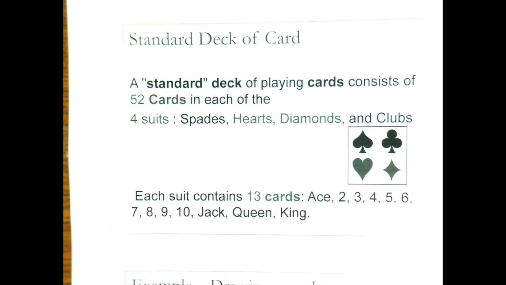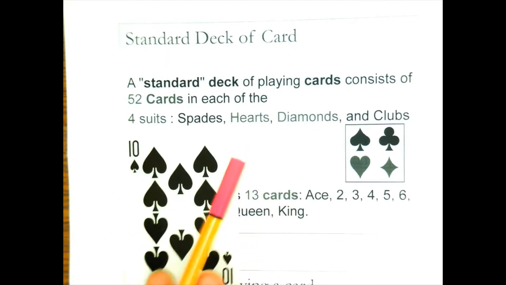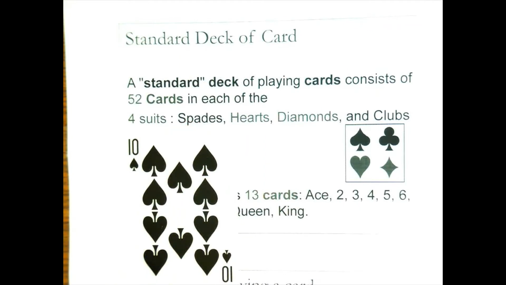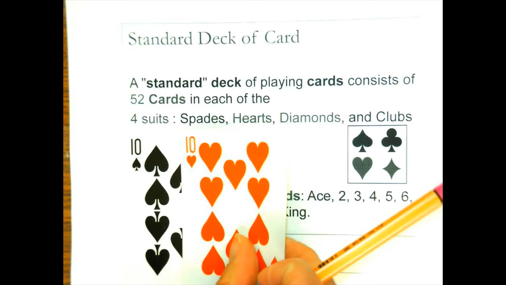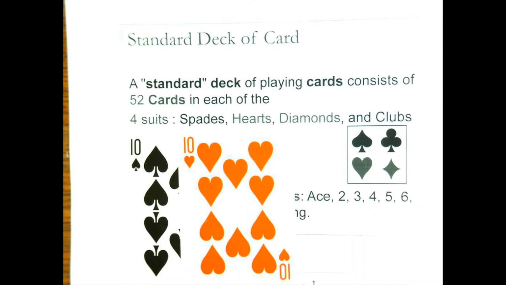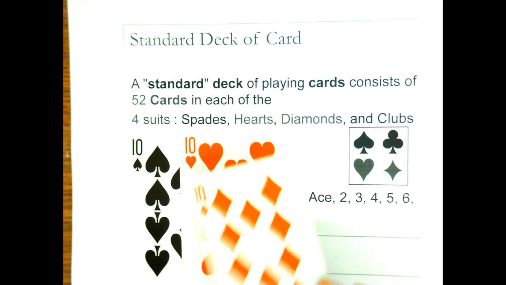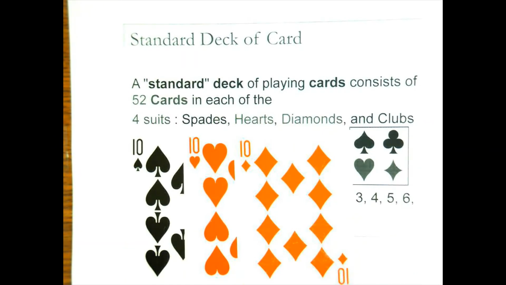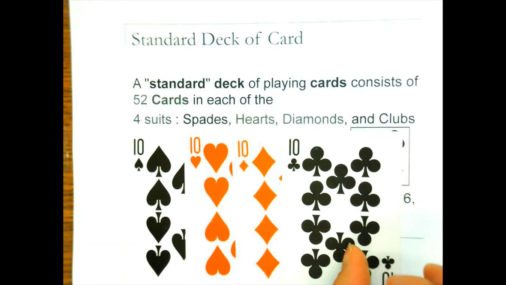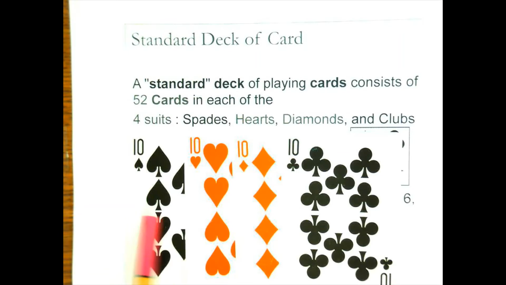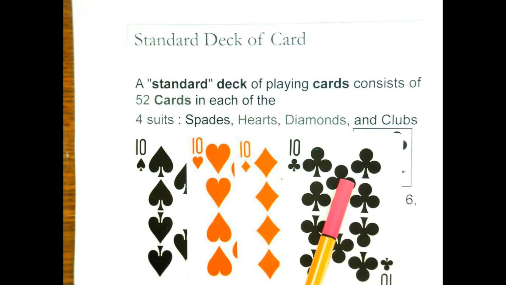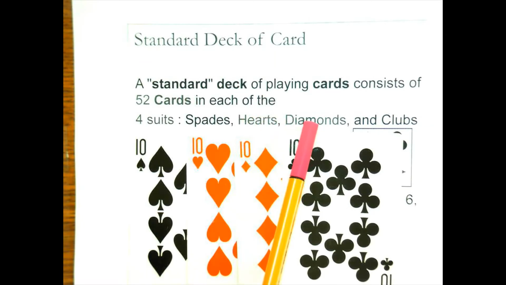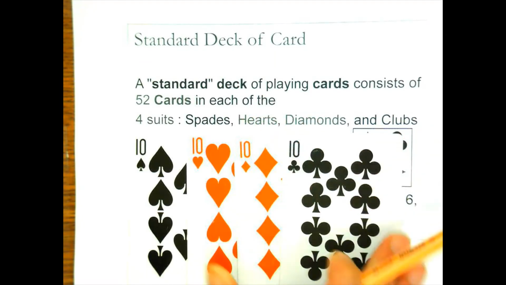We have 4 suits: spades, hearts, diamonds, and clubs. So there are 4 different suits. As you can see, spades and clubs are black, hearts and diamonds are red.